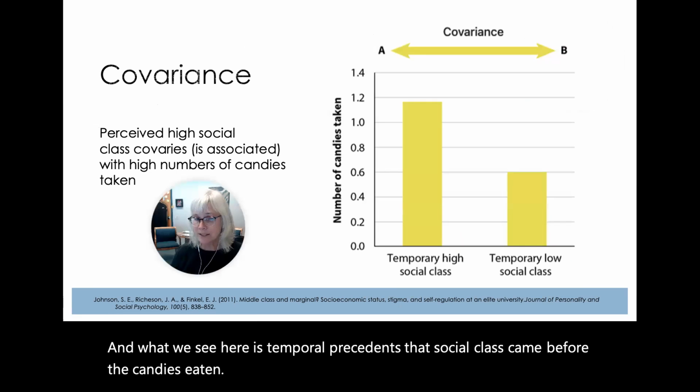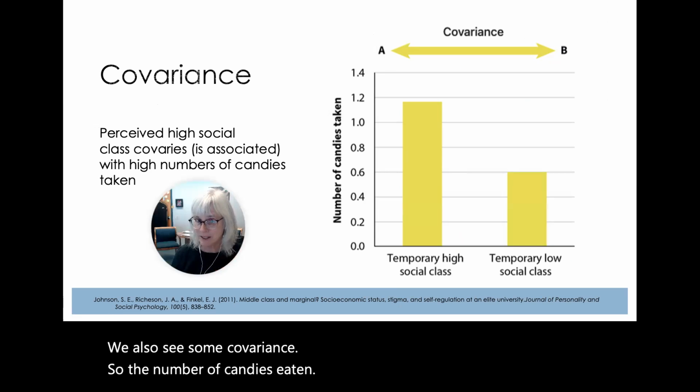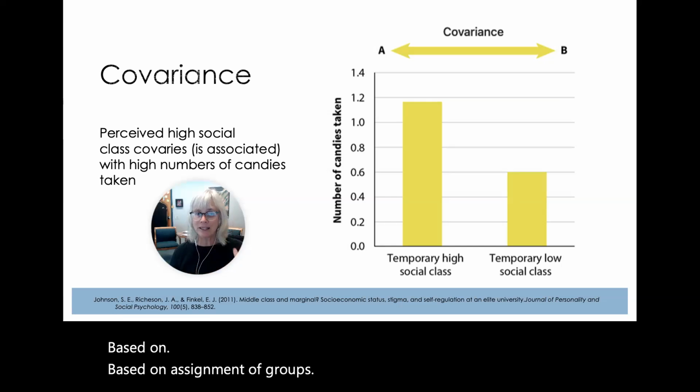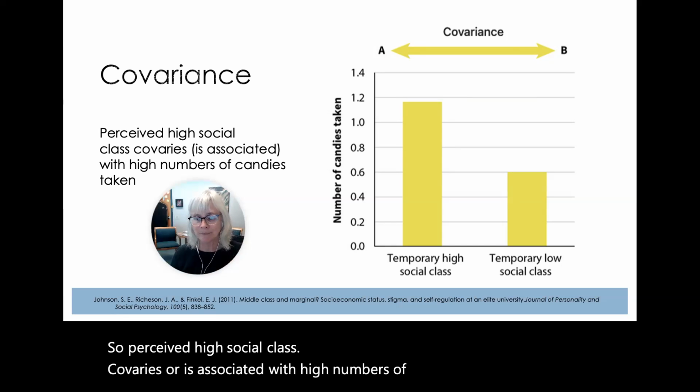We also see some covariance. The number of candies eaten was different based on assignment of groups. Okay, so perceived high social class covaries, or is associated, with high numbers of candies eaten.